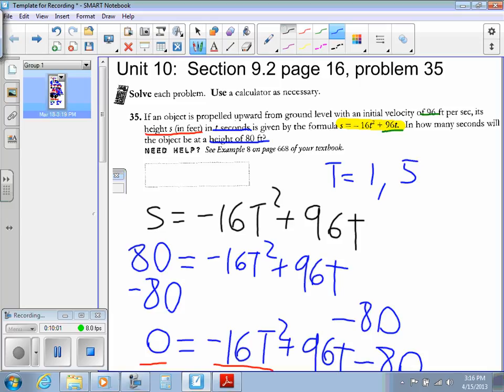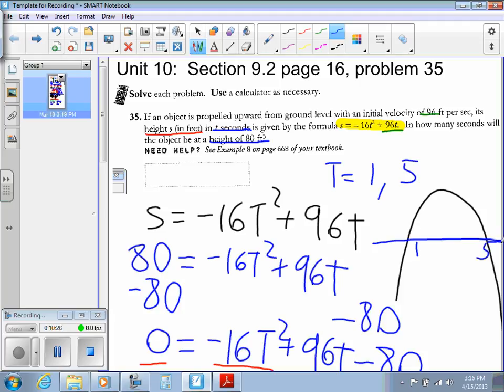So what's happening here? The object goes up, and the object comes down. And we have this height of 80 feet across here. It's going to pass through that height twice. The first time it passes through is at 1 second, and the second time is at 5 seconds.